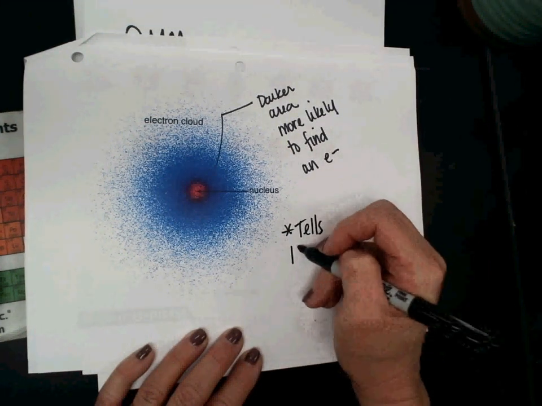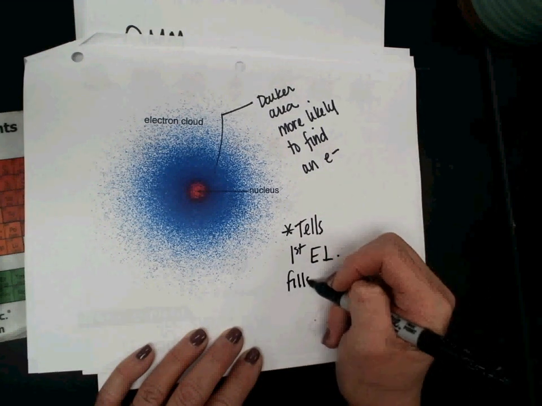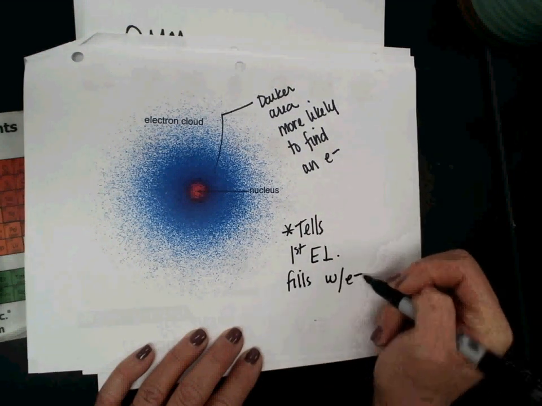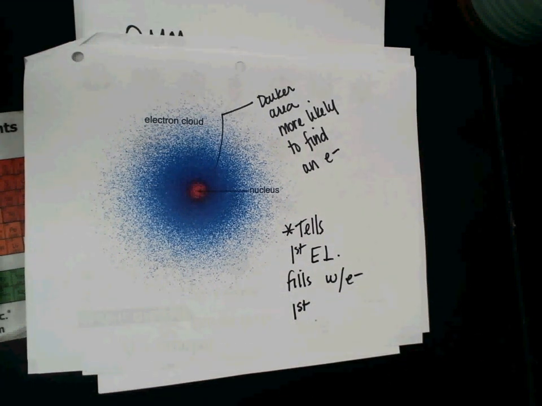So by first energy levels, this tells us first energy level fills with electrons first. That makes perfect sense.